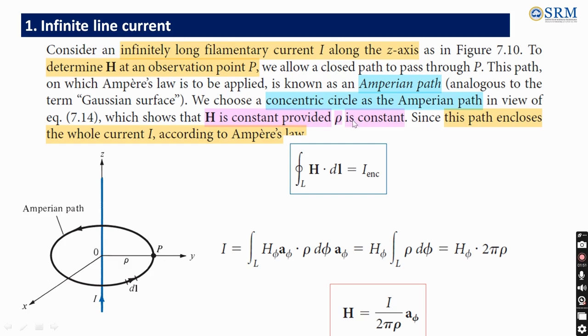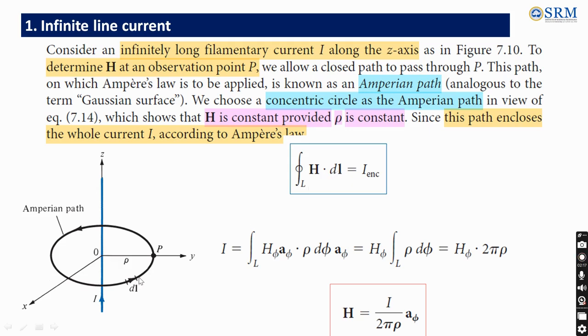Since rho is constant, H rho component will be constant, and since current is along the z axis, H z component will not be present. Out of rho, phi, z, only H phi component will be present along with this unit vector a phi cap, and we have to dot product with the differential length element.